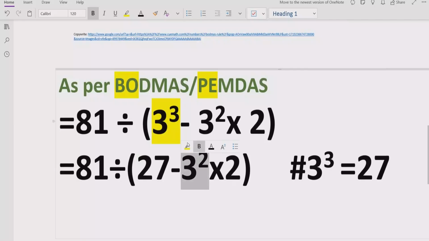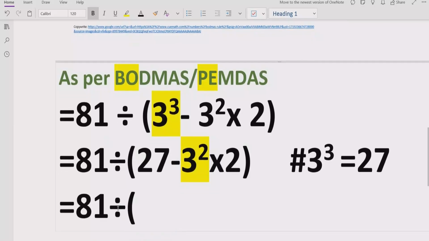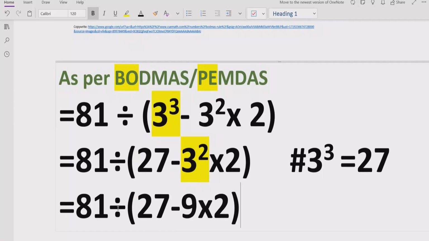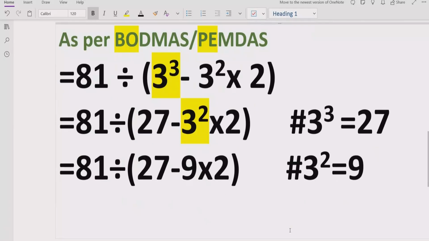Now we have to go again to 3 raised to power 2 for solution. So we have 81 divided by 27 minus 3 raised to power 2, which means 3 multiplied by 3, which is equal to 9, multiplied by 2. We write here as it is. Now we give the reference: 3 raised to power 2 equals 9. Now move forward. We have solved the exponent part.